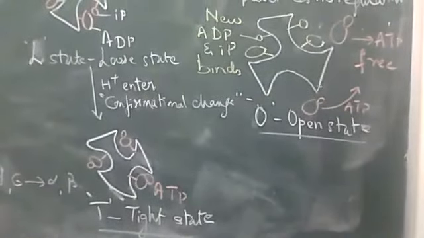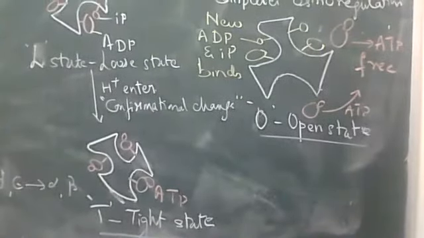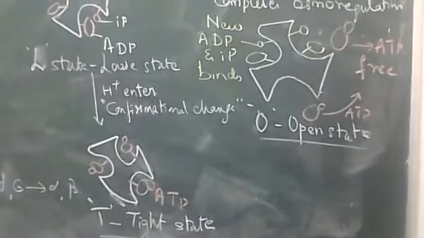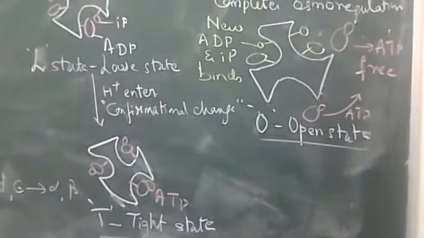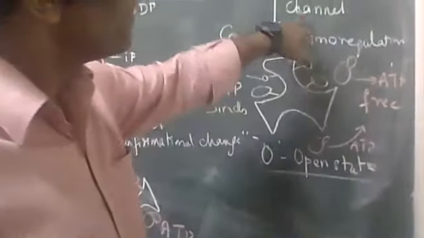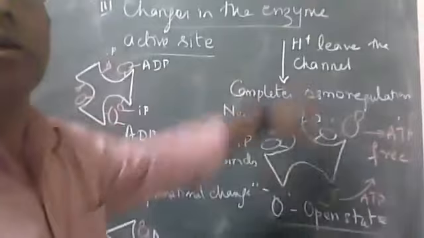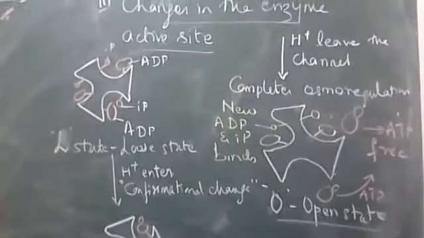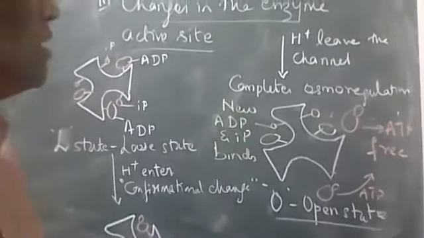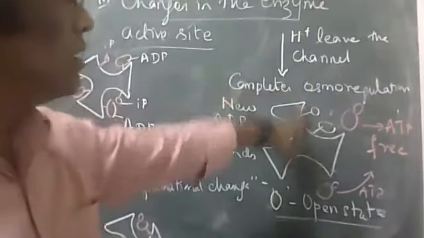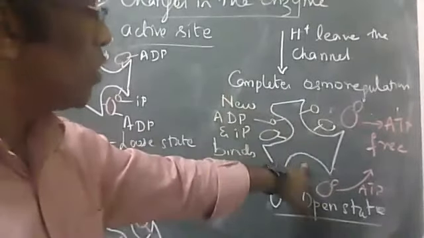What difference? ADP became ATP, sir. That is called T state or tight state. ATP is free. How is it free? Once the protons leave the channel, phosphorylation is over, active sites are back to normal.